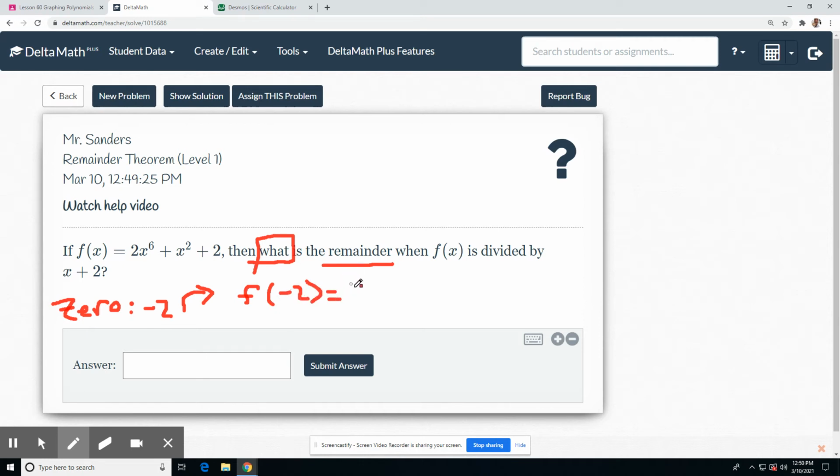So I just plug a negative 2 in wherever I see an x. Have to have parentheses here. And then exponents come first. It's an even exponent, so I know the output's going to be positive. 2, 4, 8, 16, 32, 64.